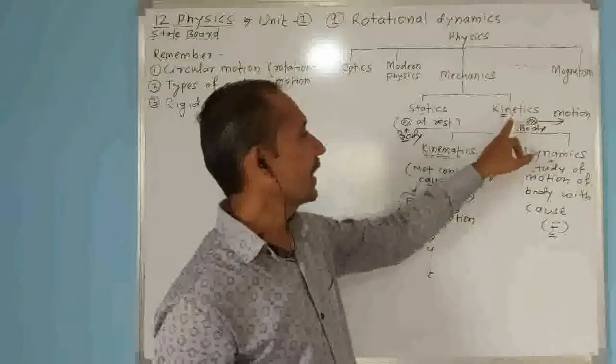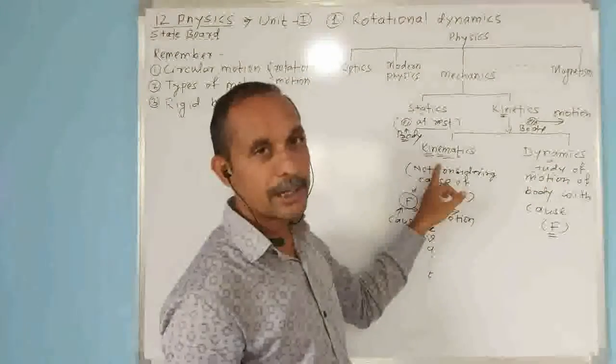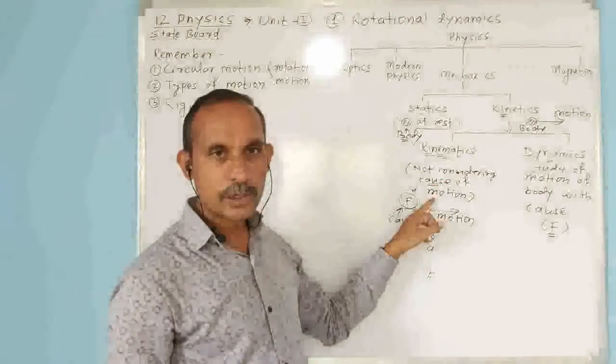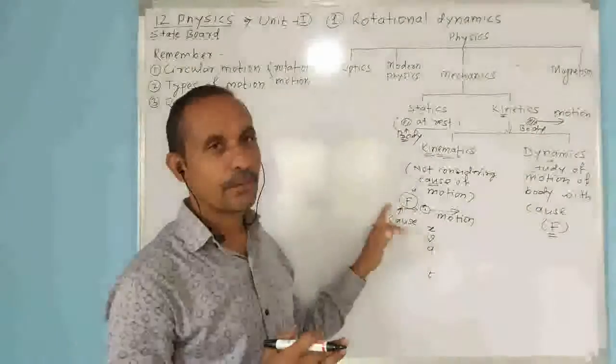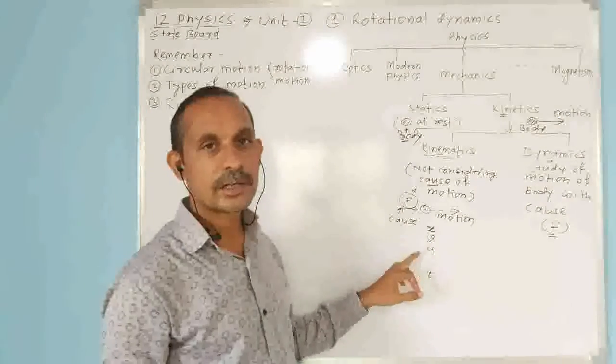And kinematics again has two branches. First, kinematics, in which we study the motion of the body, but not considering the force. Only we are considering the displacement, velocity, acceleration and time.